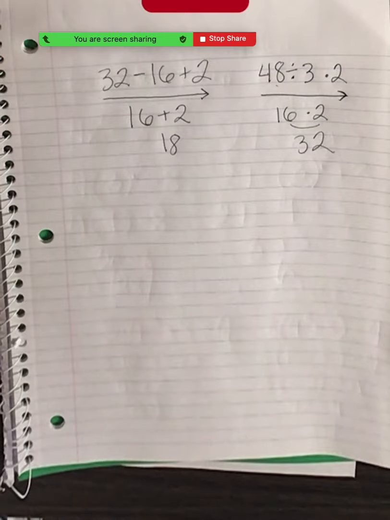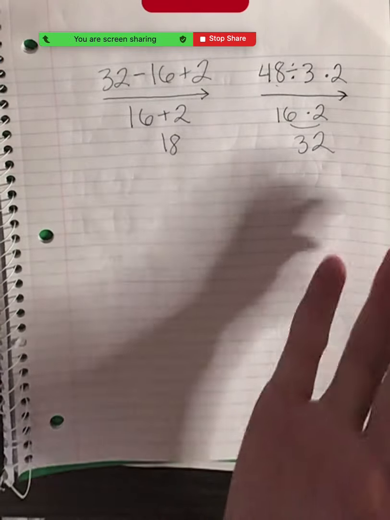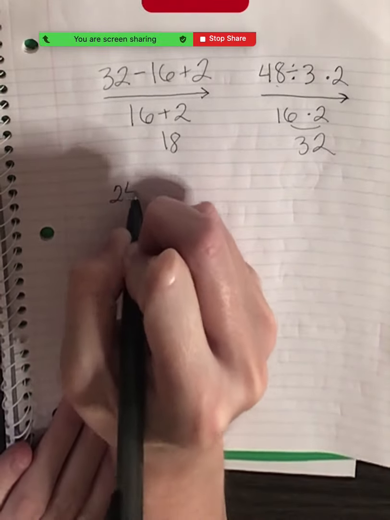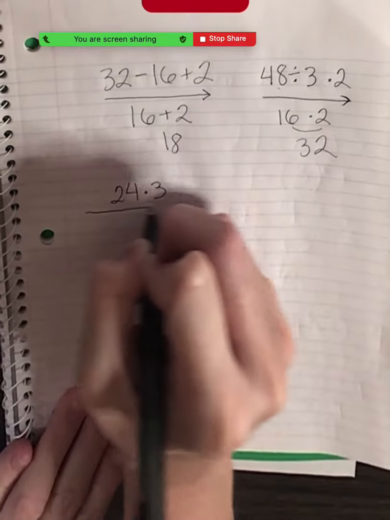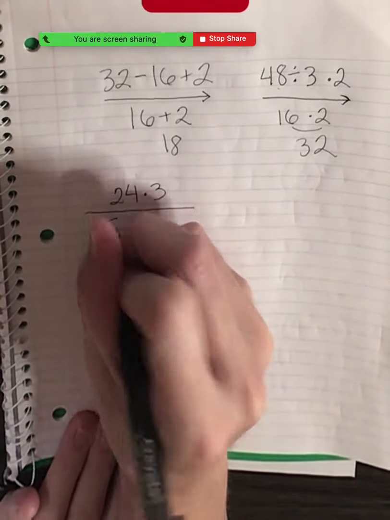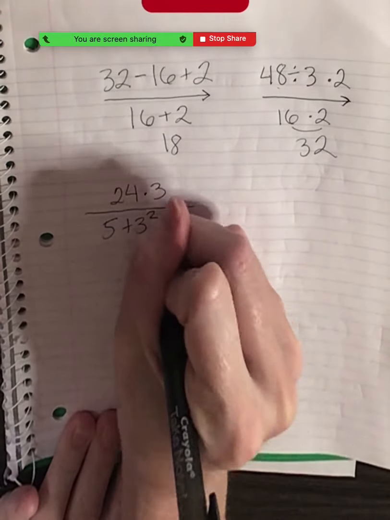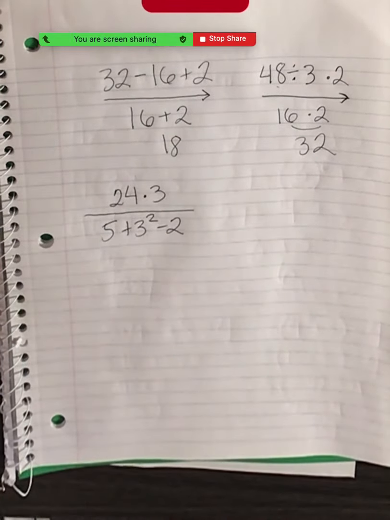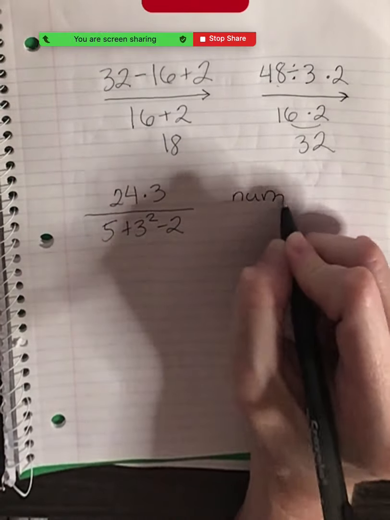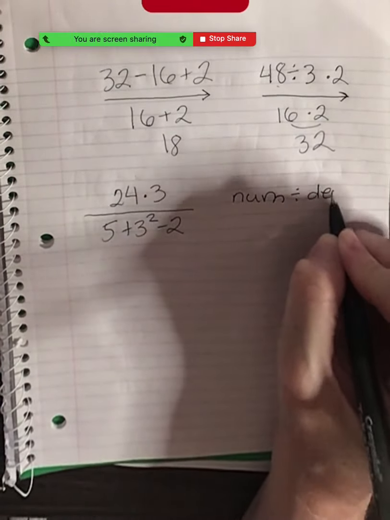All right. A grouping symbol can be a fraction bar. So if I have 24 times 3, then my fraction bar, so it means over 5 plus 3 squared minus 2. Okay, what this is really saying is it's taking the numerator and dividing by the denominator.